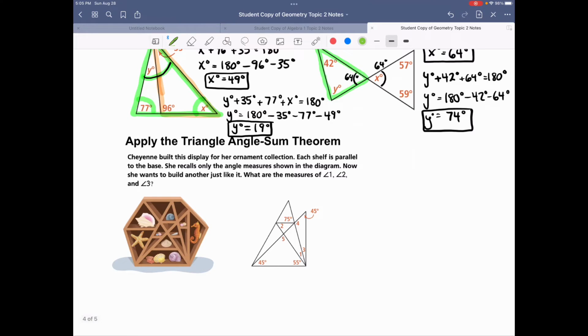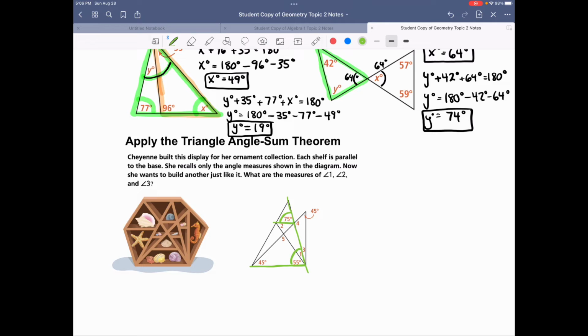All right, we will start with angle 1, which is right here. And since the bases are parallel, we're going to look at what angle corresponds to angle 1. Well, we don't really have an angle that corresponds to 1, but this 75, if I use this transversal, the 75 is actually corresponding to this whole piece right here.